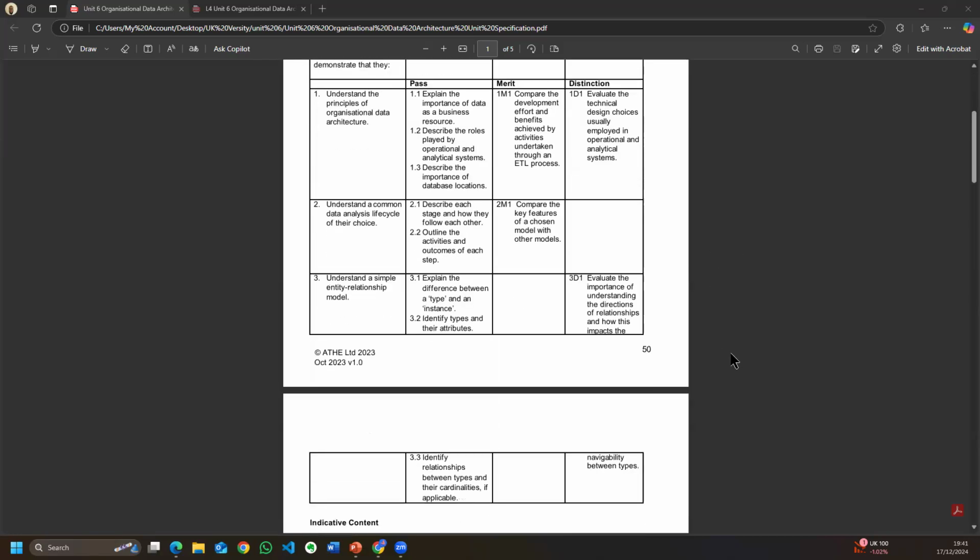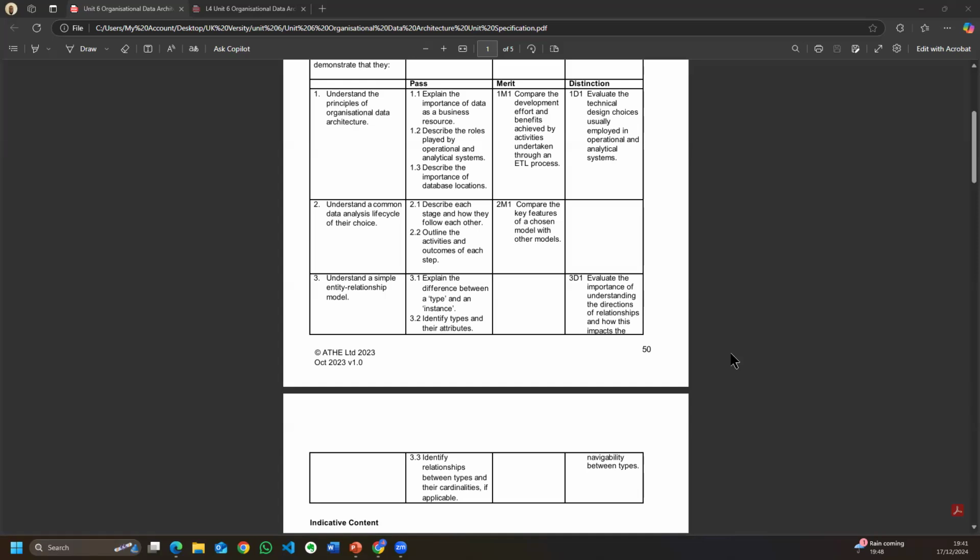So we've had 3 sessions. In our first session we looked at understanding the principles of organizational data architecture. In our second tutorial, we looked at understanding the common data analysis lifecycle. And in our final tutorial, we looked at understanding a simple entity relationship model.